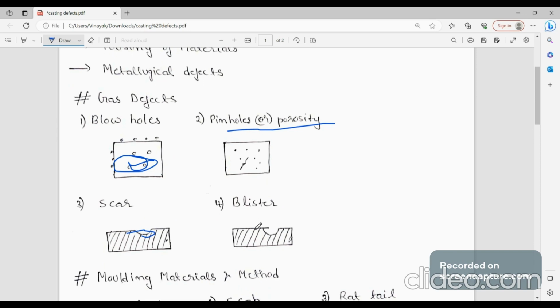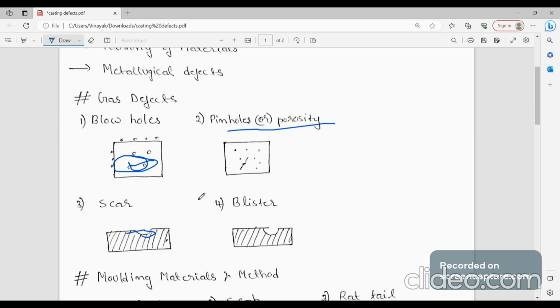There are some remedies which can be used to avoid gas defects. First, we should heat the liquid metal in a furnace only up to the pouring temperature, not more or less. Next, when pouring the liquid metal, the sand should be dry sand, not green sand.